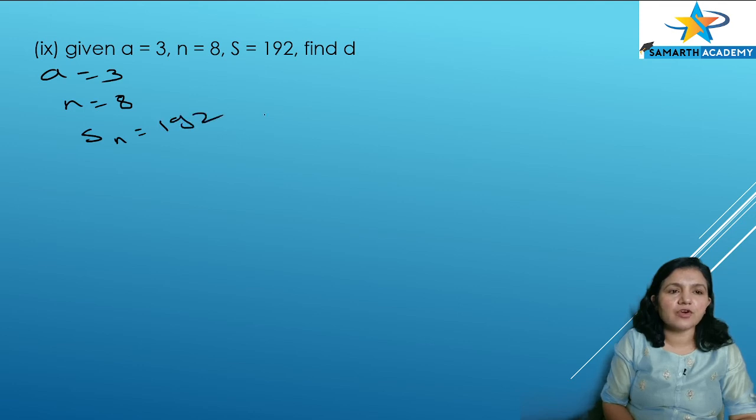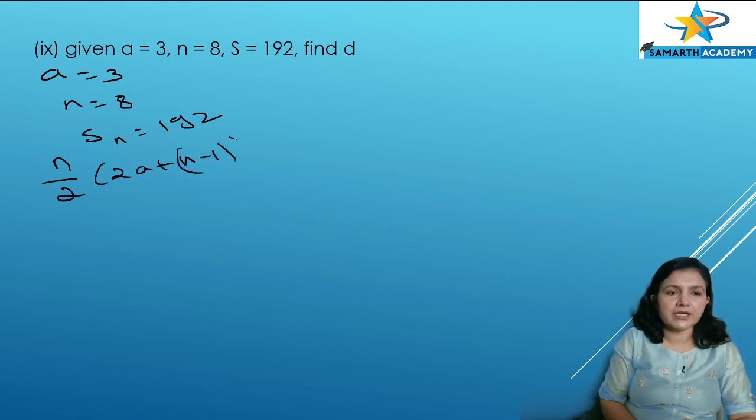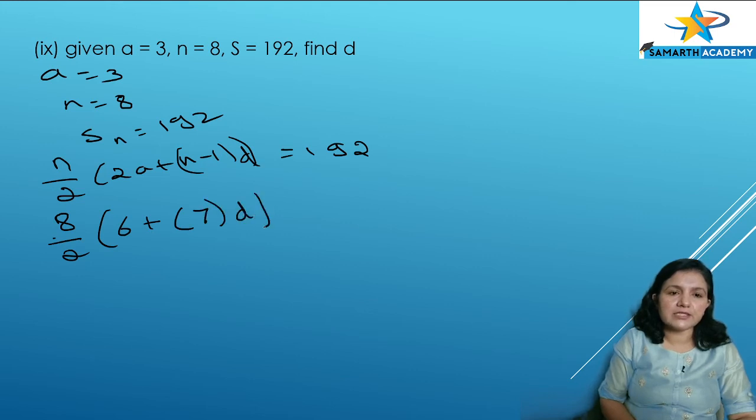He is asking for d. So Sn is n by 2, 2a plus n minus 1 into d, equal to 192. In this, we have a and we have n. So 8 by 2, 2 into minus 8 is minus 16, plus 8 minus 1 is 7 into d is equal to 192. 4 into that, we can divide both sides by 4.